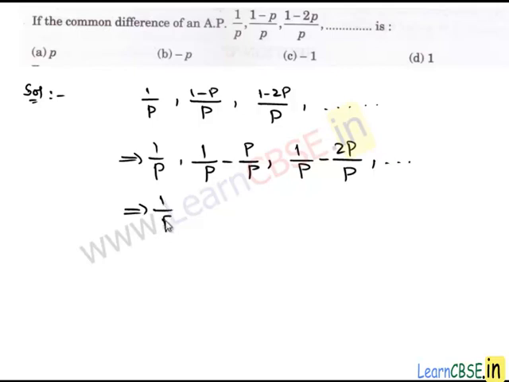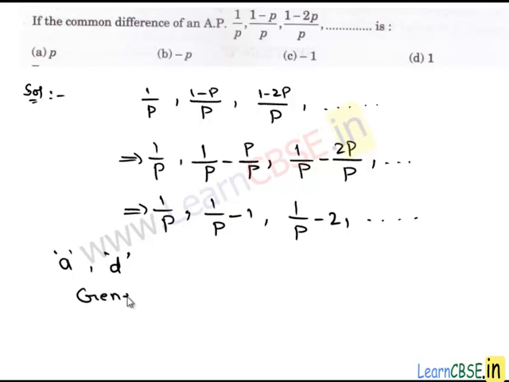It is 1 upon P minus 1, since P gets cancelled, and then we have 1 upon P minus 2, and so on.